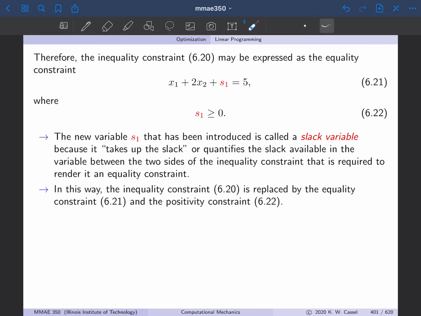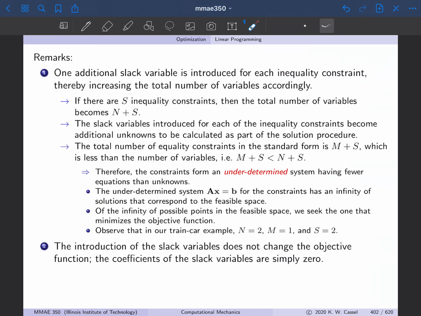So for every inequality constraint that we have, we're going to introduce a new slack variable that converts the inequality into an equality constraint, and then we're going to add an additional positivity constraint on that slack variable. So again, that's what we're saying down here.